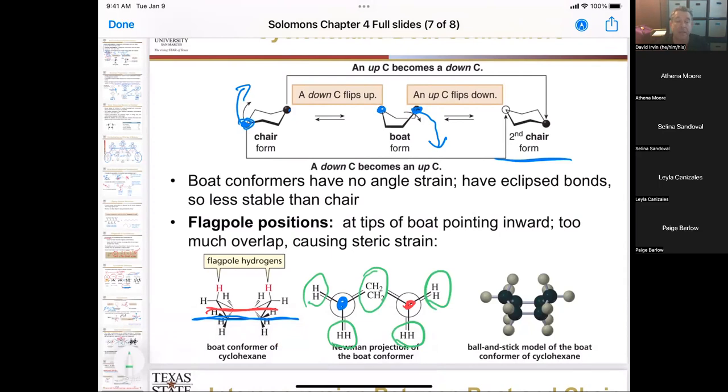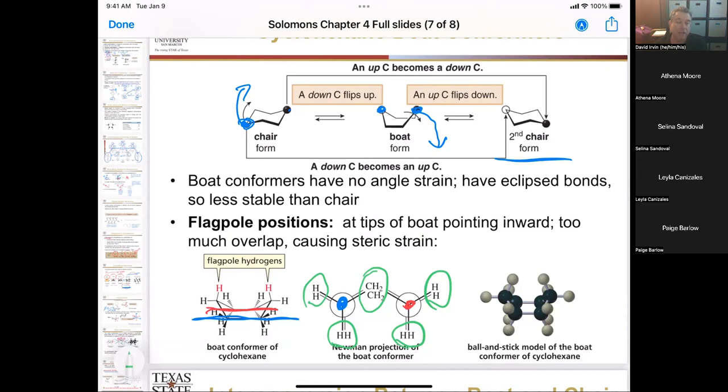So what does that mean? We don't have angle strain, but we do have eclipsed strain, which means that our eclipsed form takes more energy than our chair form. Our chair form had perfectly staggered gauche. Now we have in our boat form a perfectly eclipsed form.